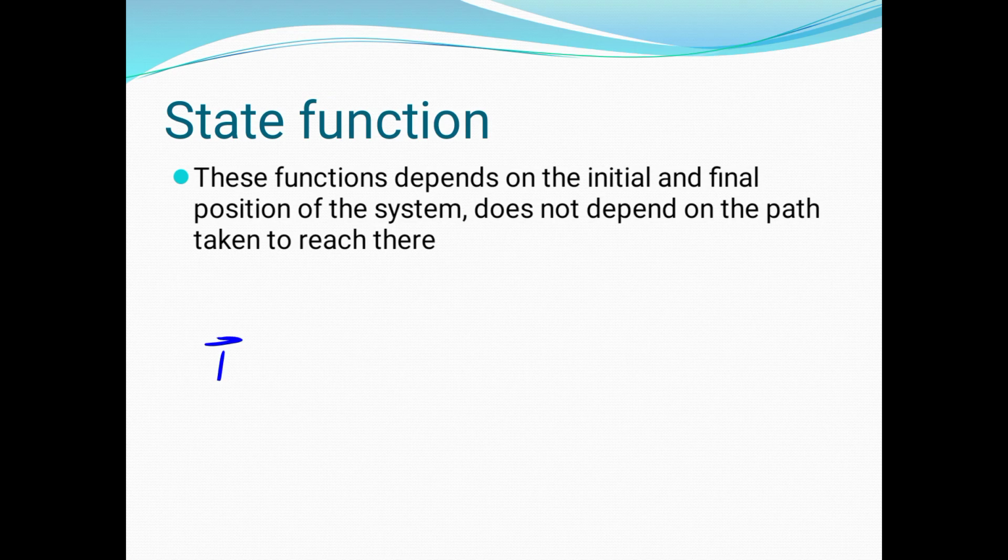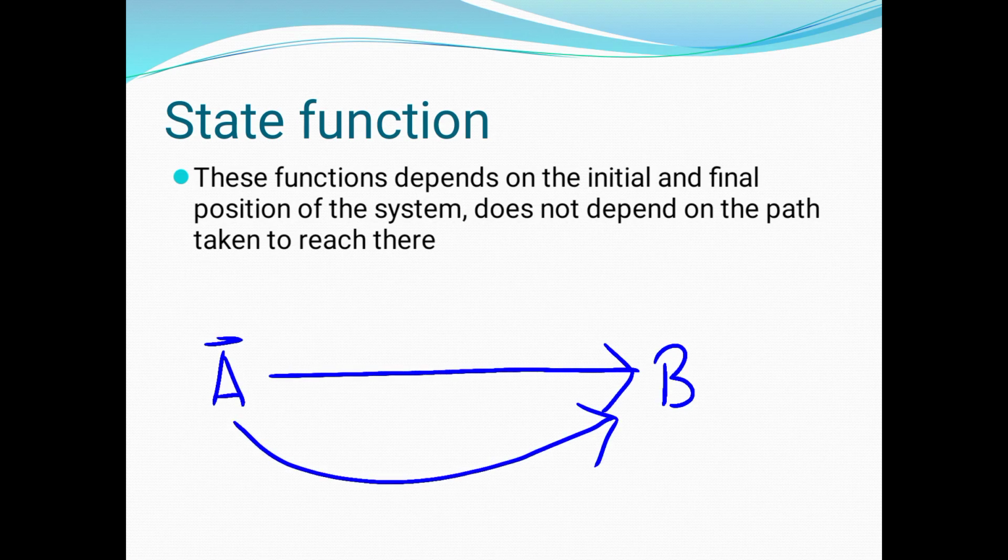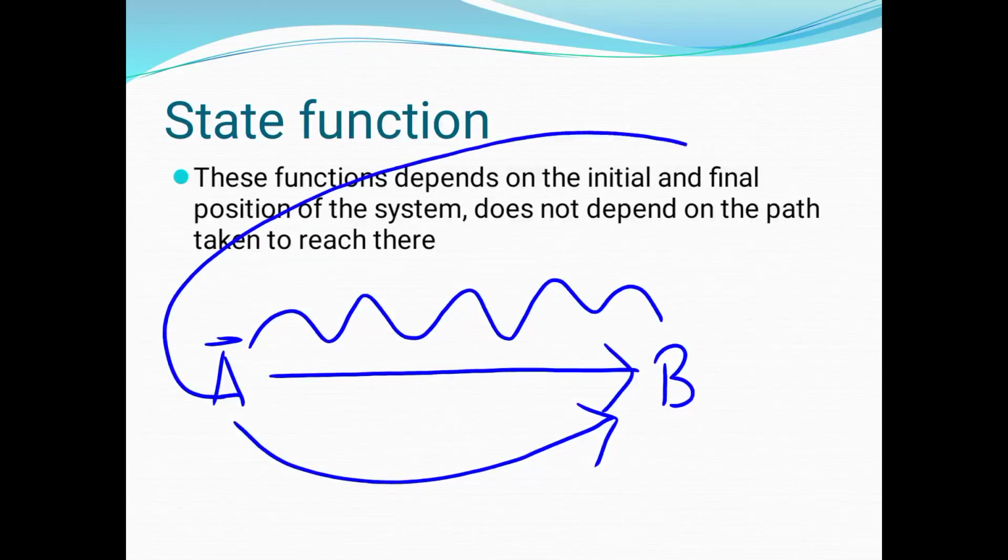Like say suppose I have a place A and I have a place B. I need to move from A to B. So this state function does not depend on the path followed. Maybe I can go from here to here. I can go zigzag here. Or I can take a big turn and come here.